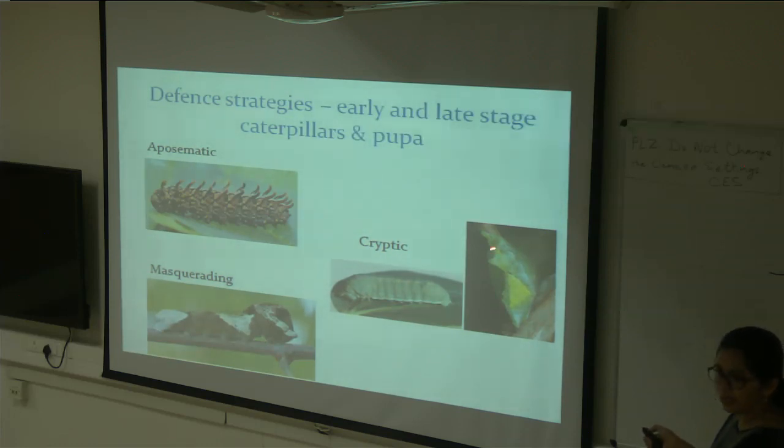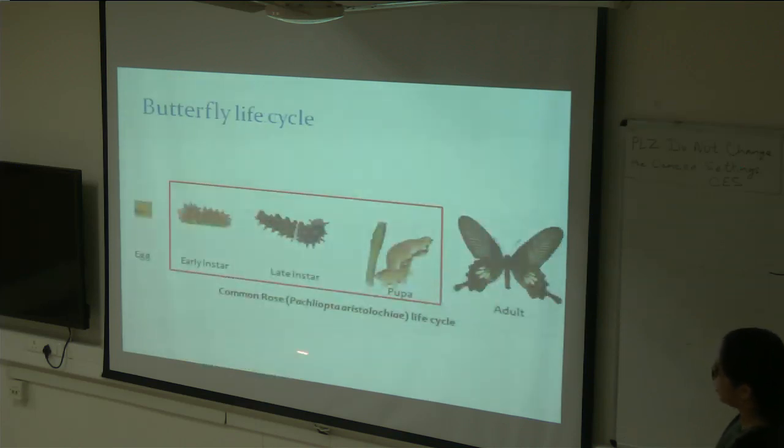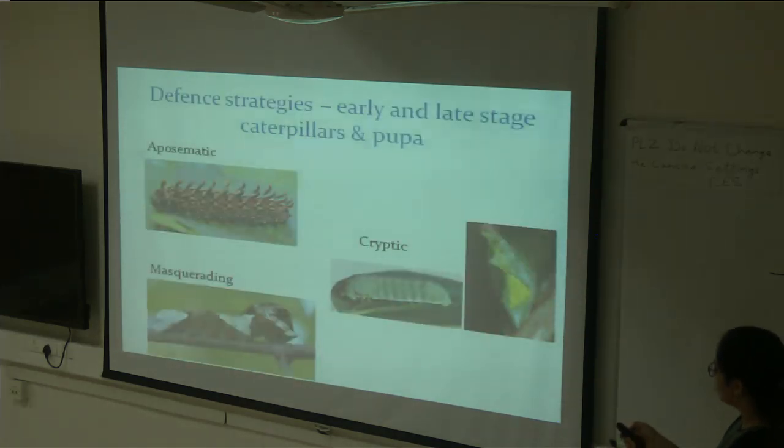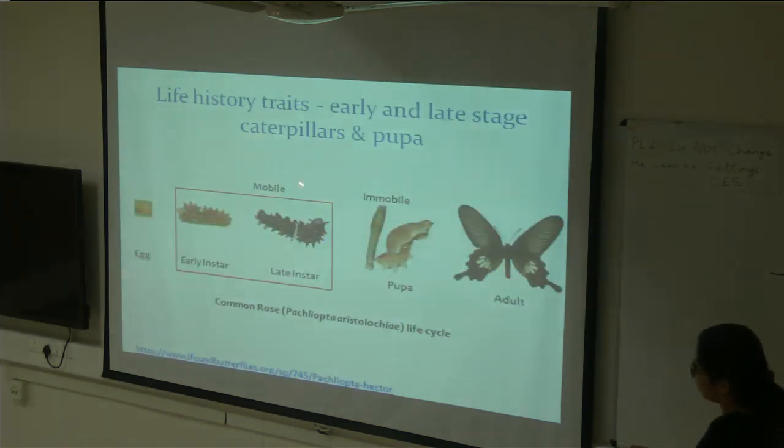Pupae also show these color defense strategies. So clearly at each life history stage, which is caterpillar and pupae, they could show these different defense strategies. What is the other important factor which could also influence? These two stages, caterpillars are mobile, but pupae are immobile.